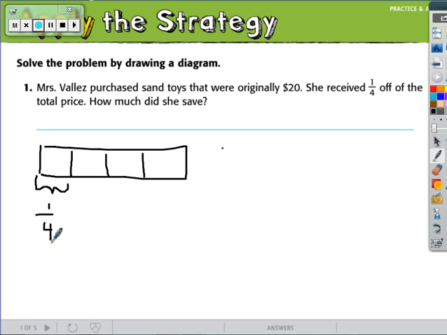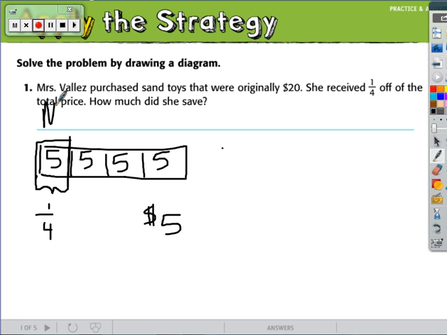What am I separating? What's the whole? 20. So how much goes into each box? 5. So how much money did she save? $5.